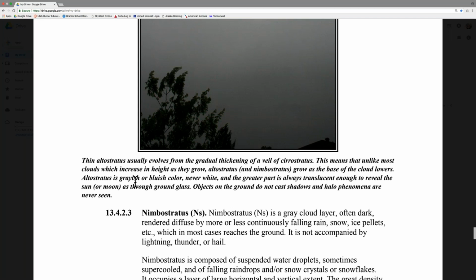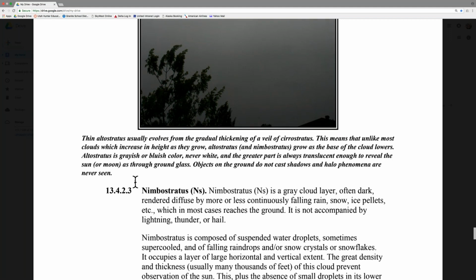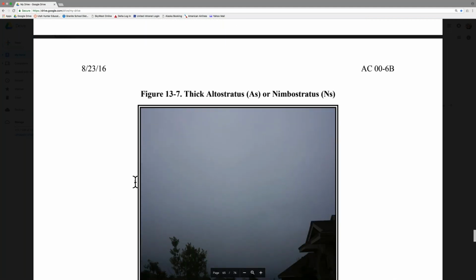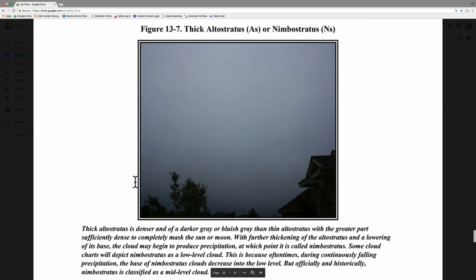So mid altitude, right? Nimbostratus is that gray color, but it is bearing rain, right? So you get that bluish gray color, sometimes that greenish color.